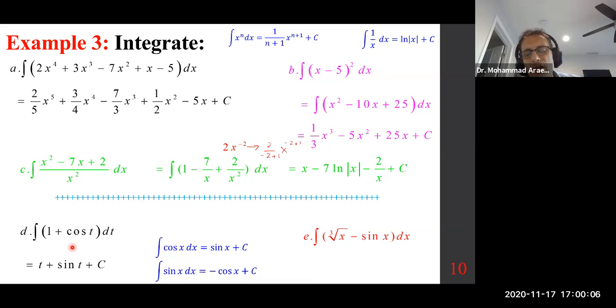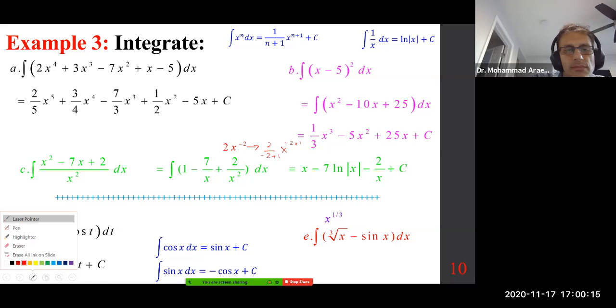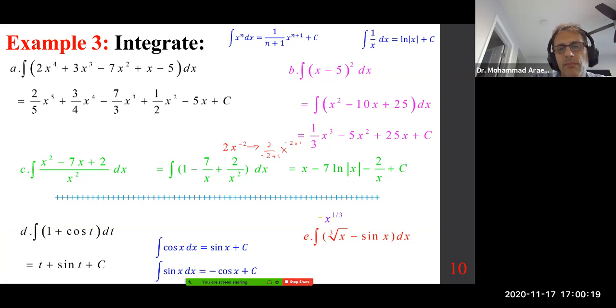We've seen this root function first, so we write it as x to the power of 1/3. And that one, class, is 1 over 1/3 plus 1 x to the power of 1/3 plus 1.